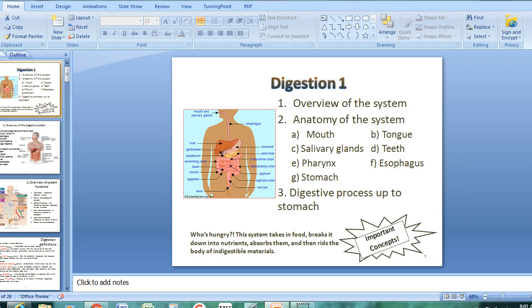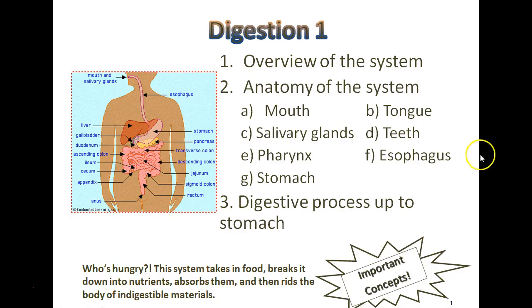the digestive system. So let's keep in mind a main idea for this digestive system. The big idea here is that we're going to be taking in food and breaking it down into subunits, breaking it down into building blocks. And these building blocks are going to be things like nutrients and minerals and vitamins.